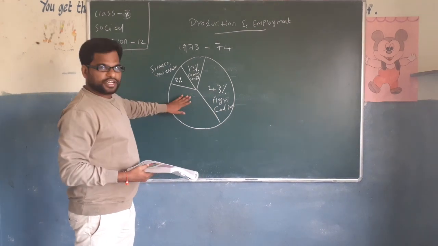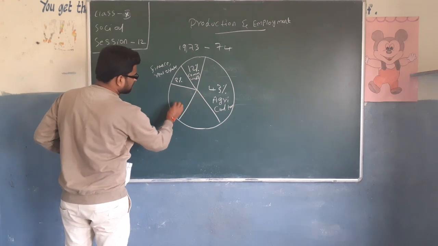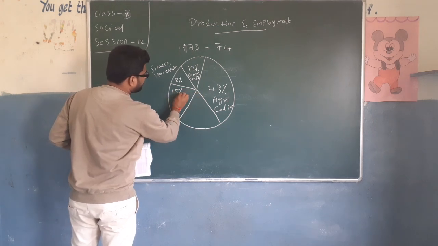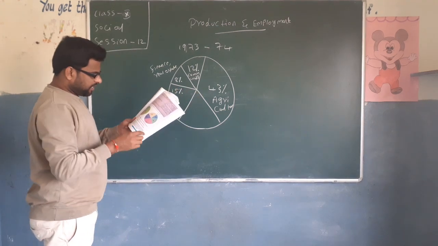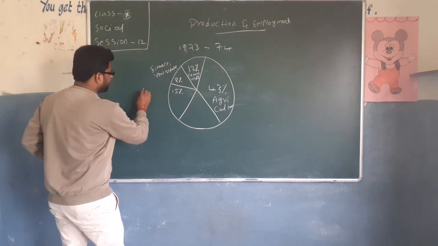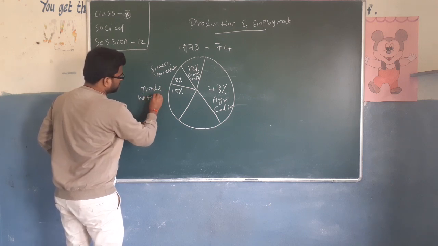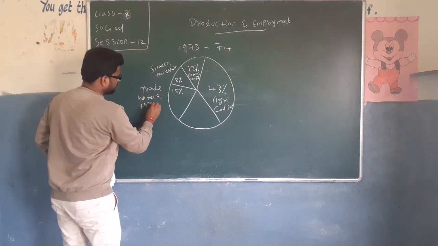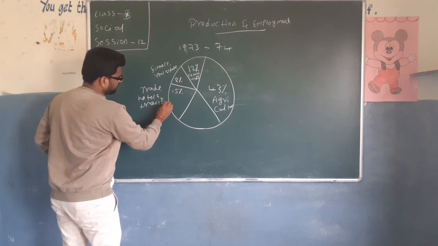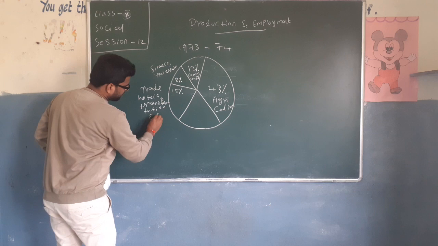So what about the rest? 15% is from trade, hotels, transport and communication. Trade is nothing but business, then hotels, transportation, and communication.